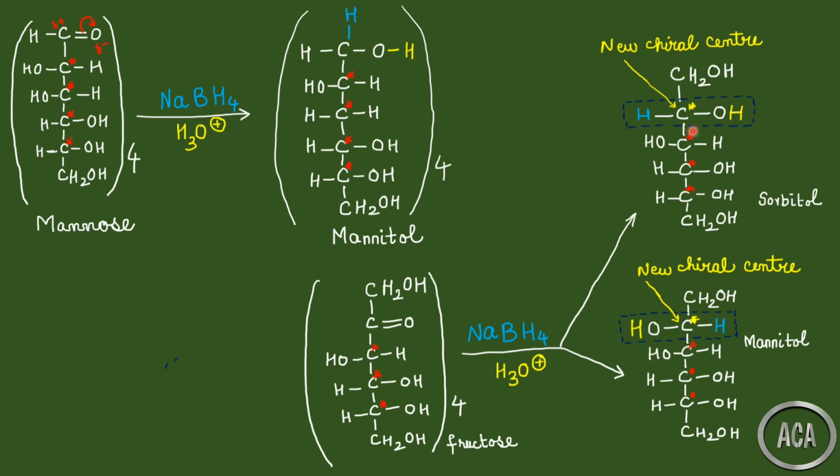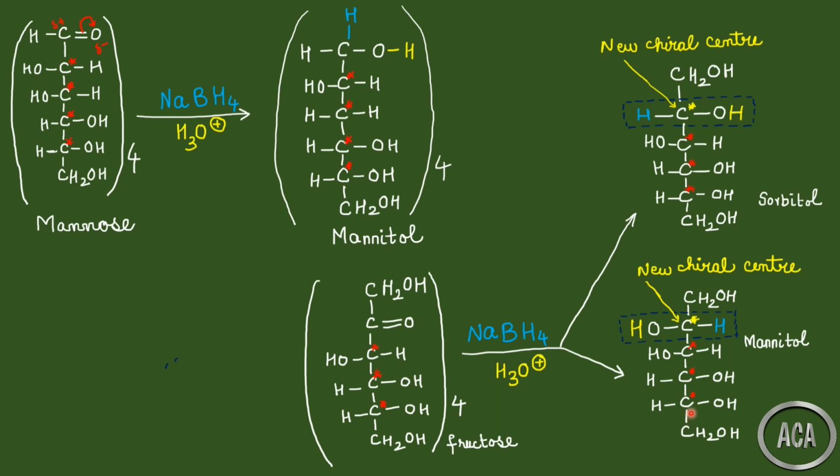How do they differ? They differ in configuration only at the second carbon atom. Configuration means arrangement of atoms. So only in the second carbon atom, when you compare any other carbon leaving the second carbon atom, exactly the configuration or the arrangement is same.